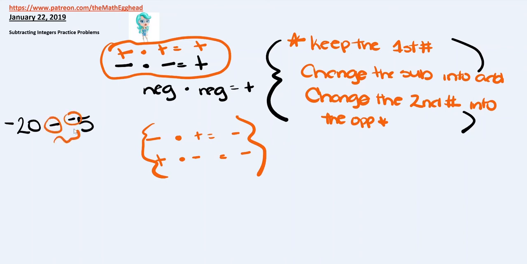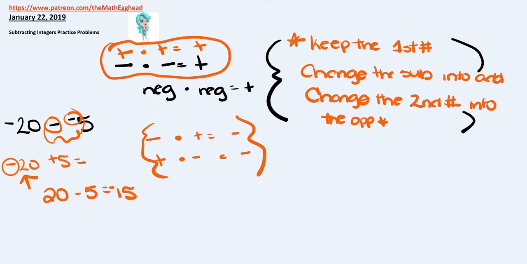That makes a face because we have to combine them. So it's really negative 20 plus 5. Now, what would you do here? Well, when you're adding two integers with different signs, we find the difference of both numbers and keep the sign of the larger number. So here, the larger number would be 20. So the difference between 20 and 5, which really means 20 minus 5, that's 15, and minus, which is negative 15.